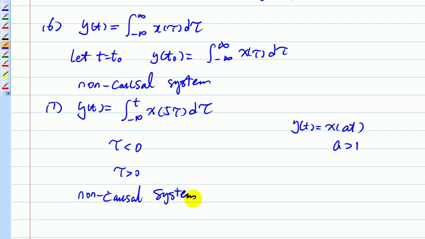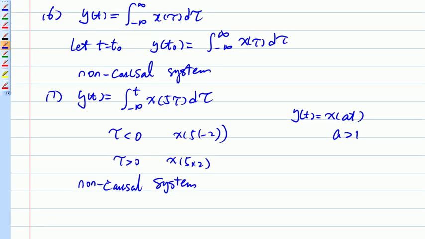Apparently, when tau is greater than 0, you probably will have 5 multiplied by 2, but when tau is negative 2, it is 5 multiplied by negative 2. So this is past compared to that, but this is the future compared to the instant. So that's the idea here for causal or non-causal.